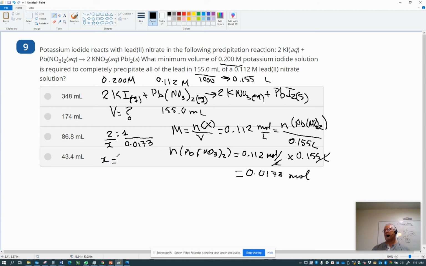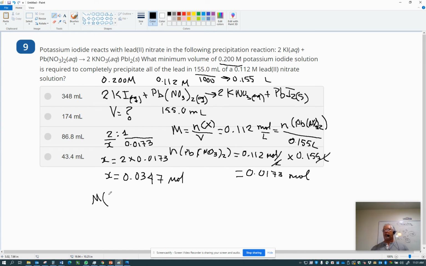The mole of potassium iodide that I will need is 2 times 0.0173. That multiplication gives X, or number of mole, equal to 0.0347 mole. That was the mole of potassium iodide that I need.